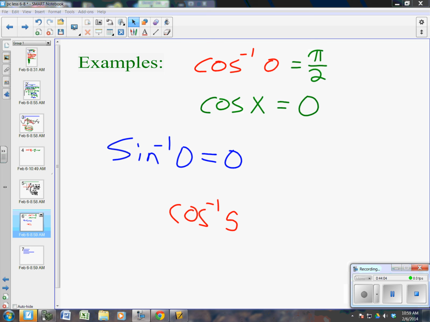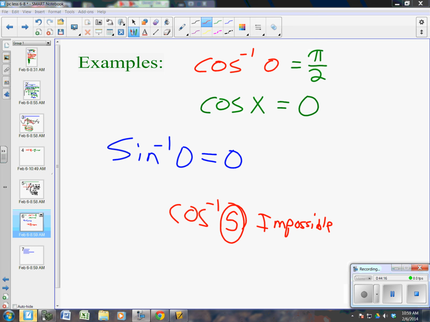Okay, what do my inputs have to be on cosine and sine inverses? Between negative 1 and 1. So this one's impossible, right? This one's impossible because this number right here has to be between negative 1 and positive 1 to ask that question for a cosine inverse and a sine inverse.